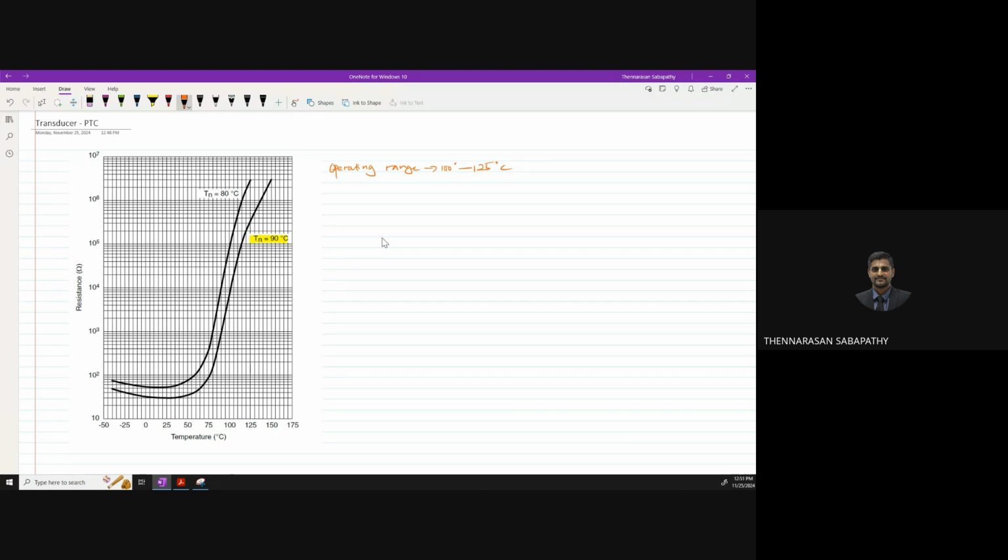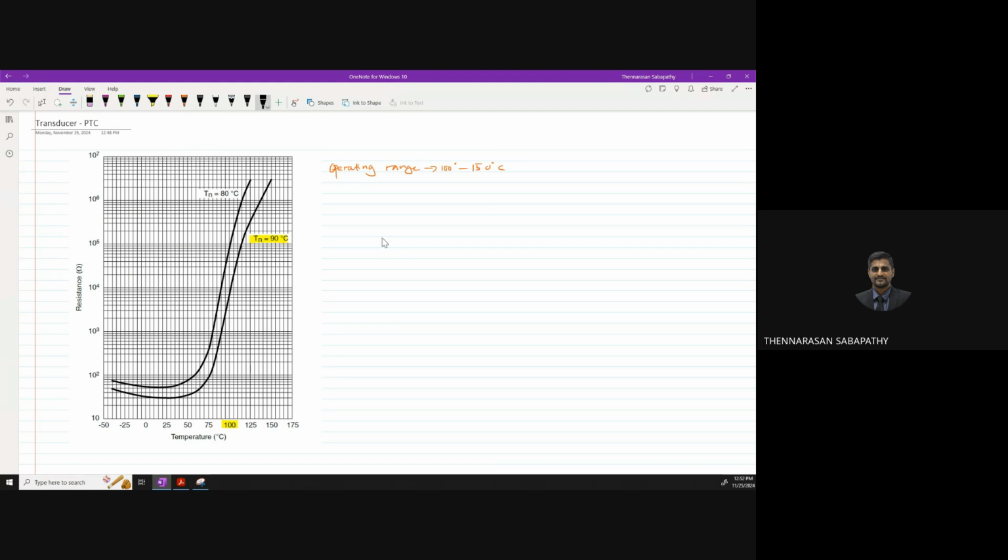So at 100, you have to find the resistance. What is the resistance? And then at 150, what is the resistance? You use the second graph, the one that refers to the N90. So at 150, what is the resistance over here? You have to find it.